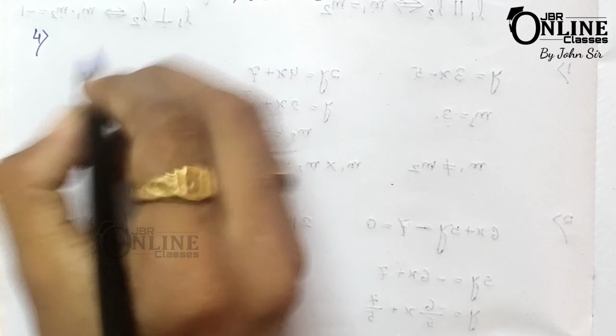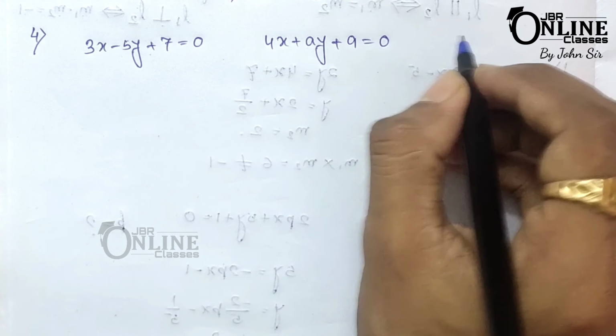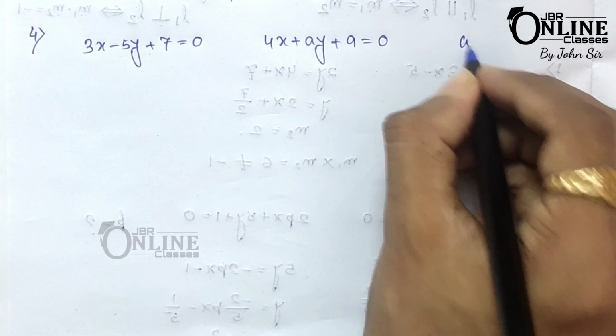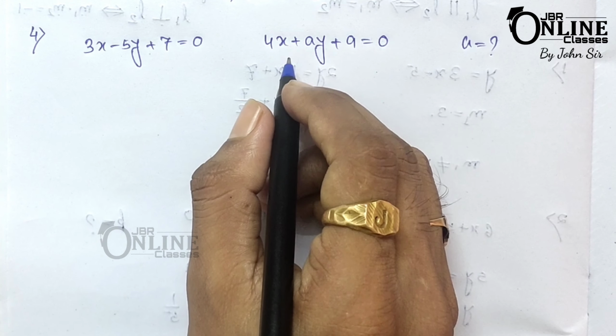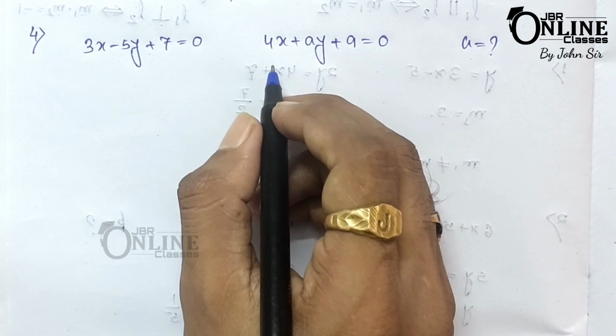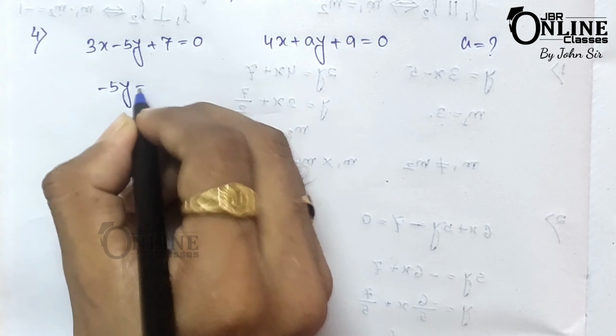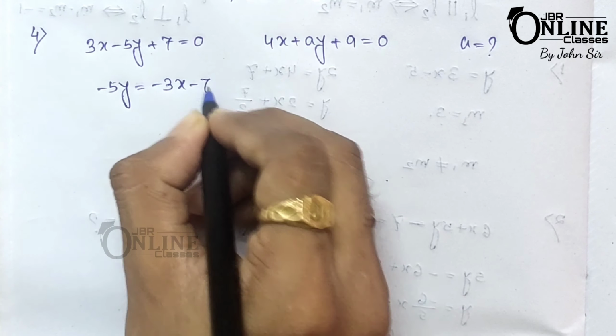If the straight lines 3x minus 5y plus 7 equal to 0 and 4x plus ay plus 9 equal to 0 are perpendicular to one another, then find the value of a. So these two lines are perpendicular, that means m1 into m2 equal to minus 1. So first find out m1. So here minus 5y equal to minus 3x minus 7.